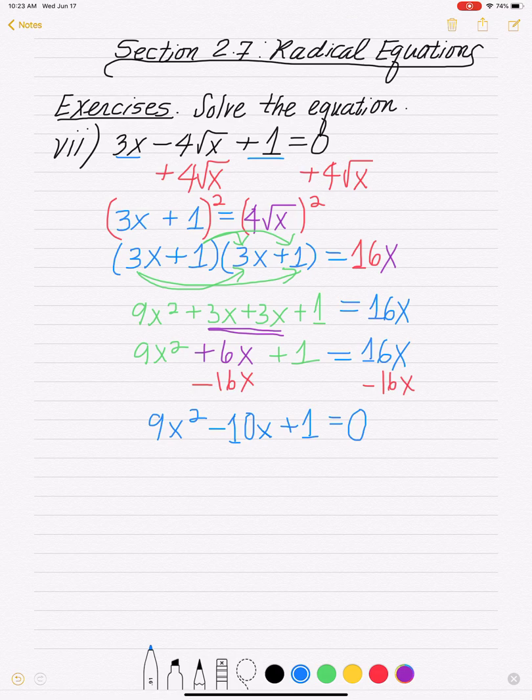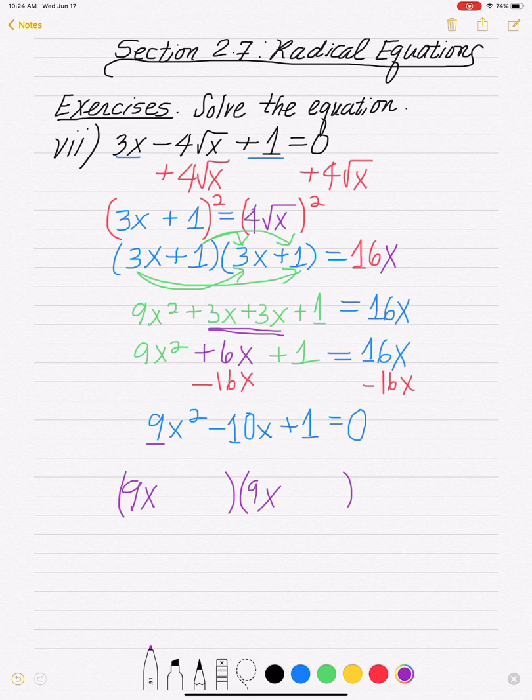Now, I could factor this, possibly. 9x squared minus 10x plus 1. Right, we have a quadratic trinomial, but this one starts with a 9 in front. So we're going to make 2 pairs of parentheses. I'm going to put a 9x and a 9x.